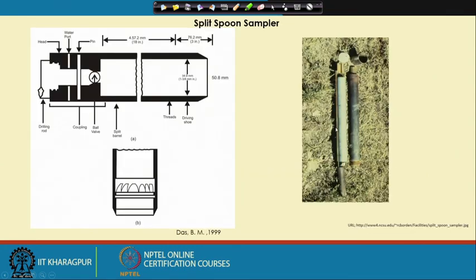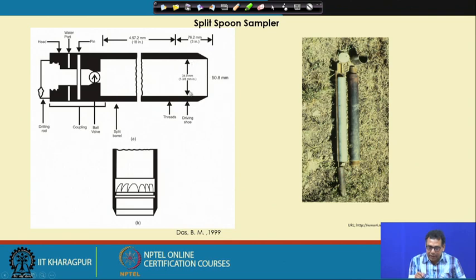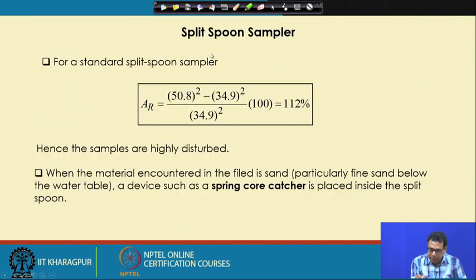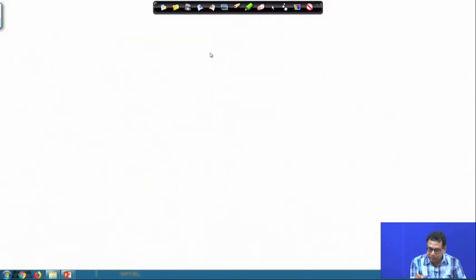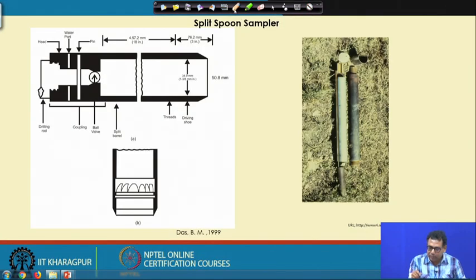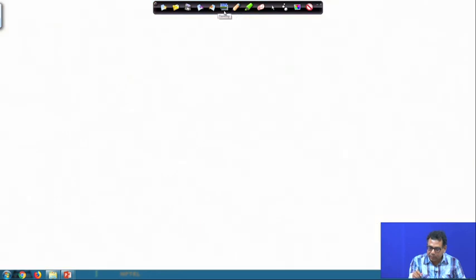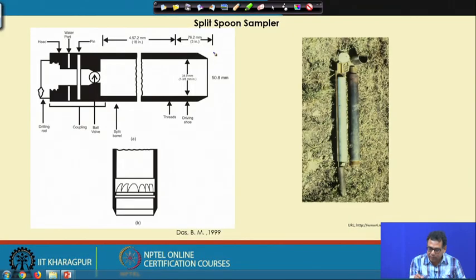These are the other arrangements. As I mentioned, this is the cutting edge, where the internal diameter is 34.5 millimeter or roughly 35 millimeter, and this one is the outer diameter of the cutting edge.